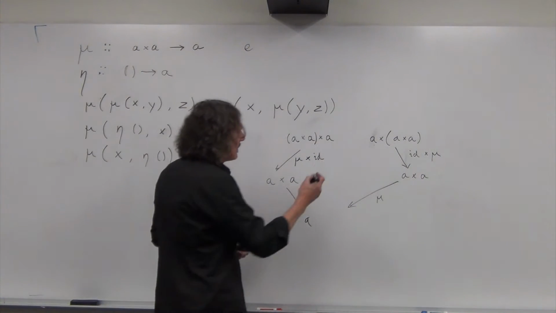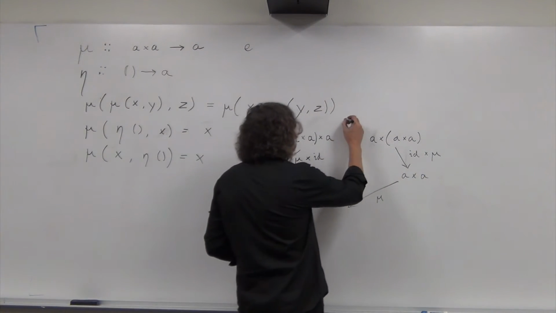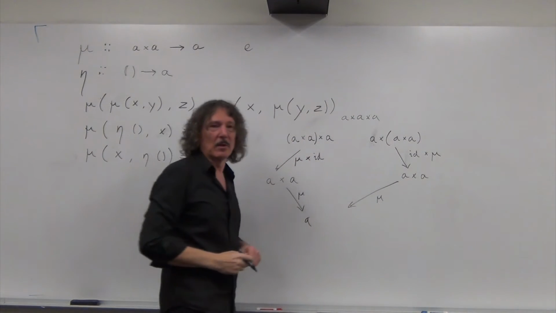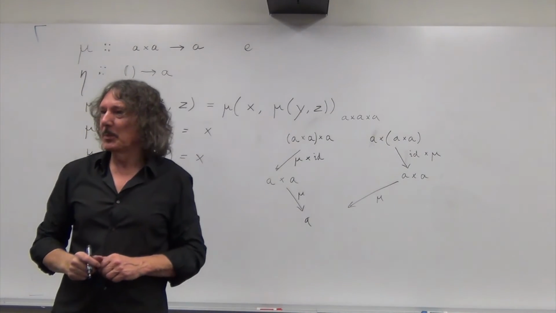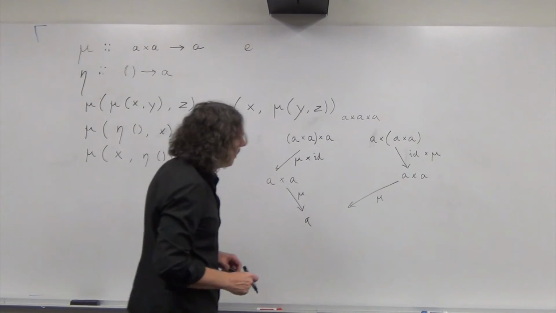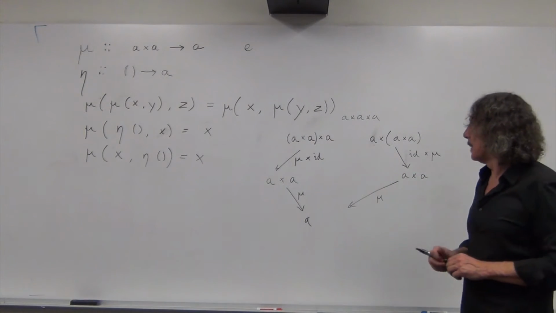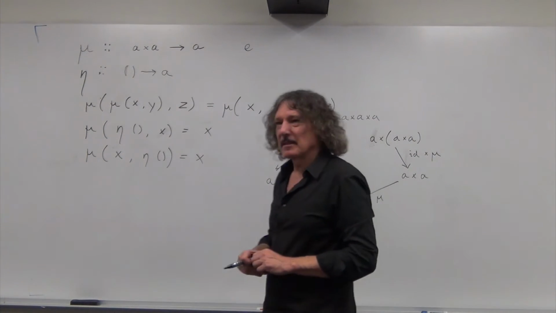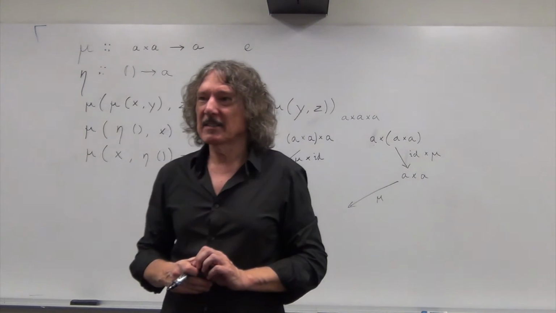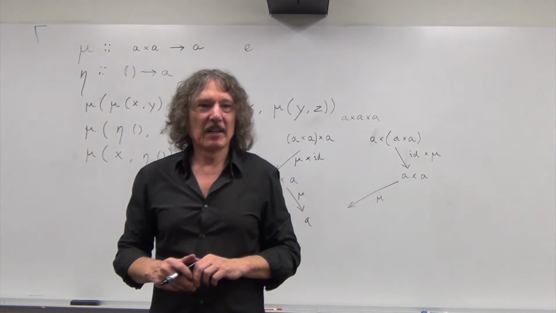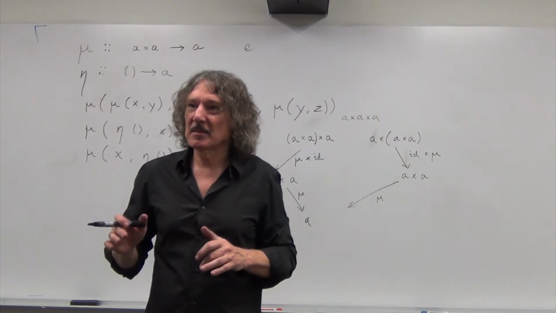Well, the only problem is that these two things are not equal. I would like to say something like A cross A cross A, a triple, a tuple, but it's not really equal. It just so happens that, remember, product was sort of like a monoid, but up to an isomorphism.